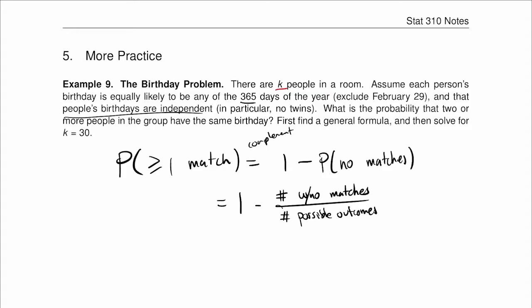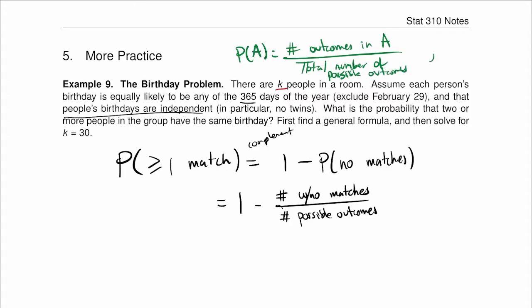When we are calculating the probability in these finite scenarios, remember the formula that the probability of A is the number of outcomes in A over the total number of possible outcomes.